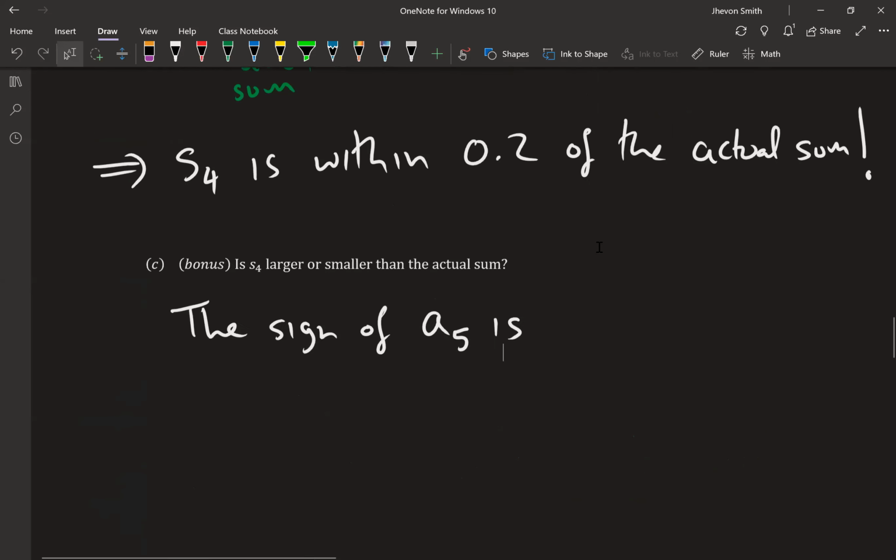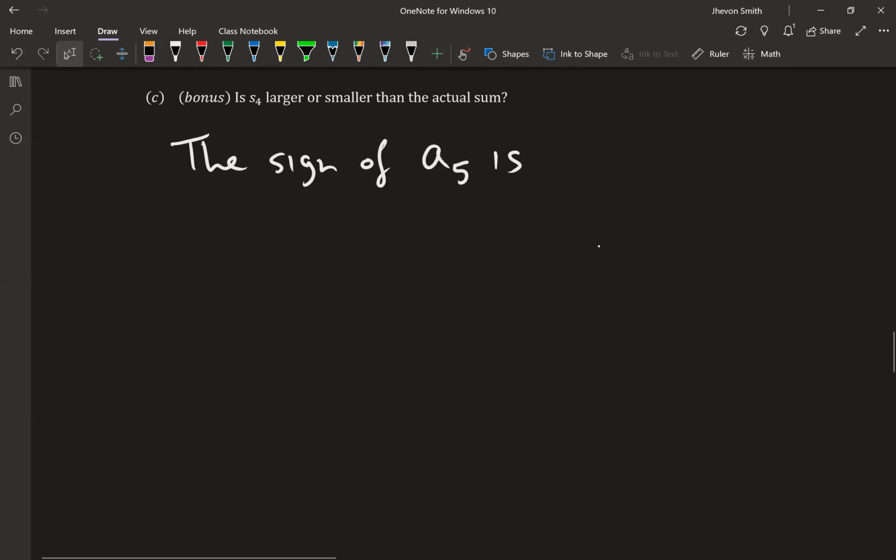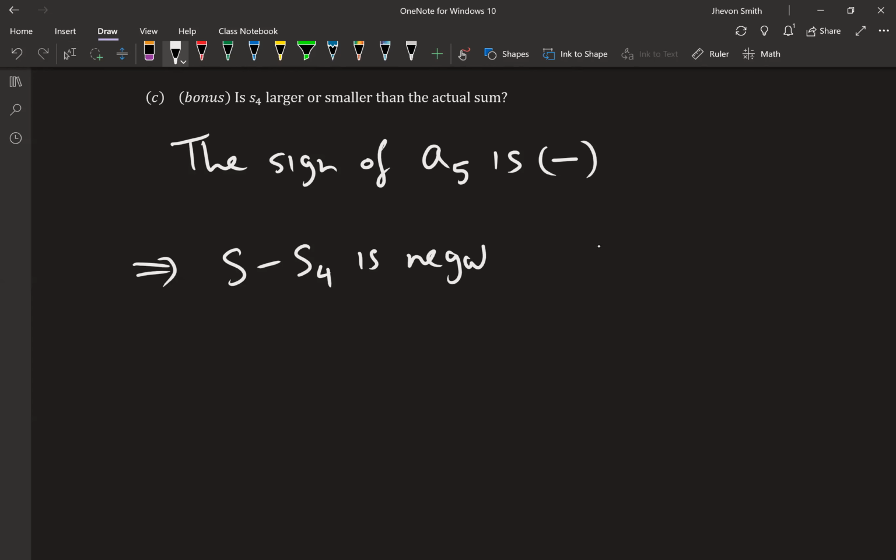It was negative. This means that S minus S4 is negative. It will have the same sign. Well, if the sum minus S4 is negative, this would mean that S4 is larger.